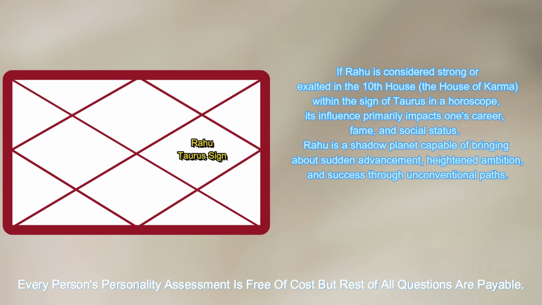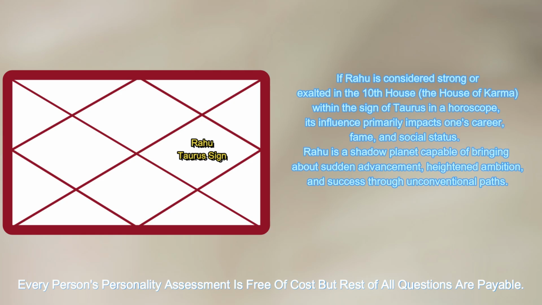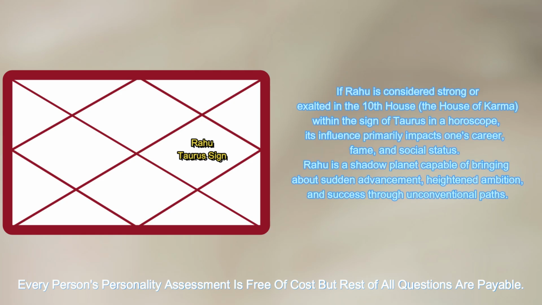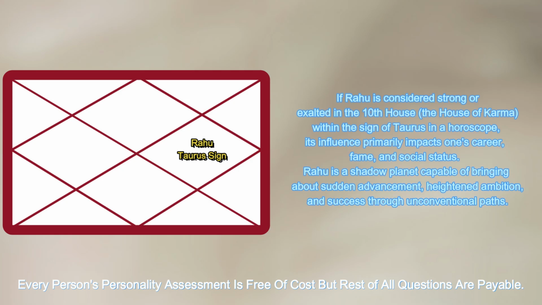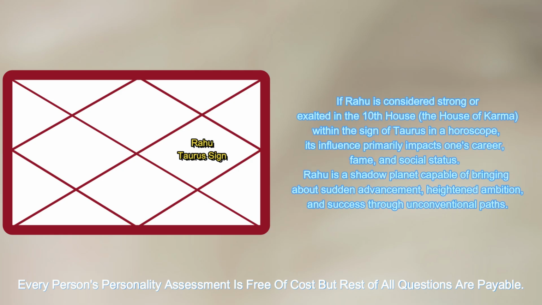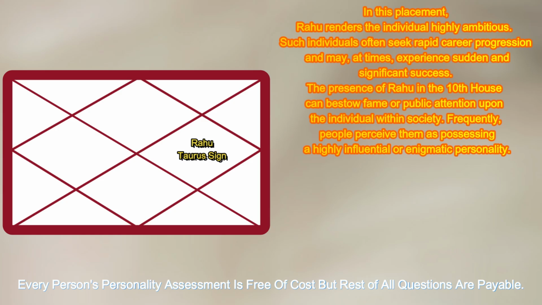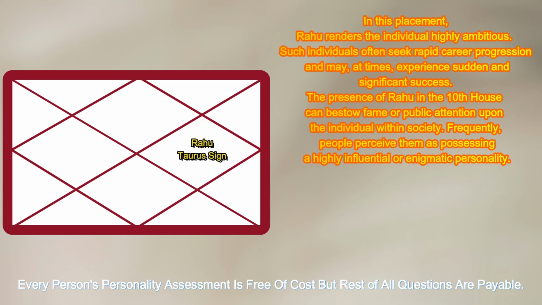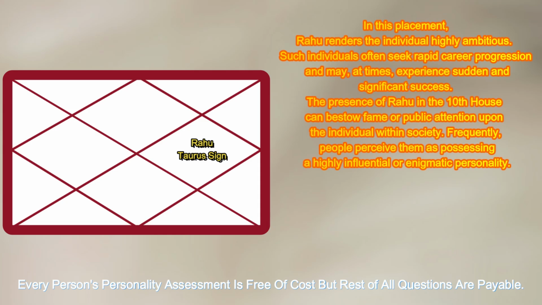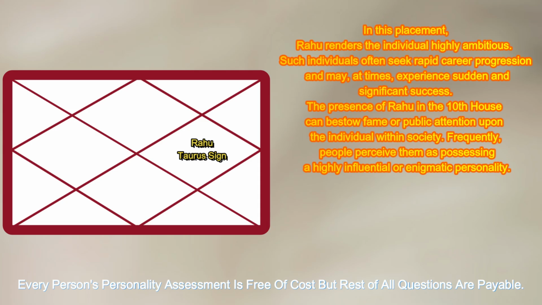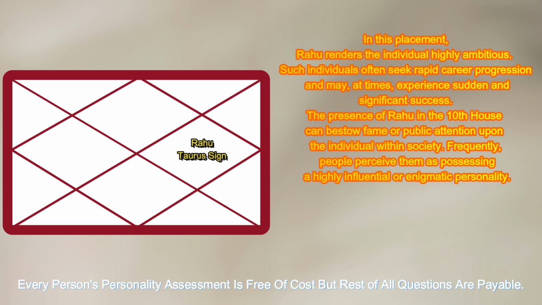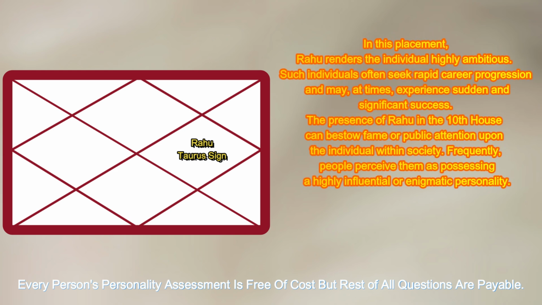Rahu is a shadow planet capable of bringing about sudden advancement, heightened ambition, and success through unconventional paths. In this placement, Rahu renders the individual highly ambitious. Such individuals often seek rapid career progression and may, at times, experience sudden and significant success.